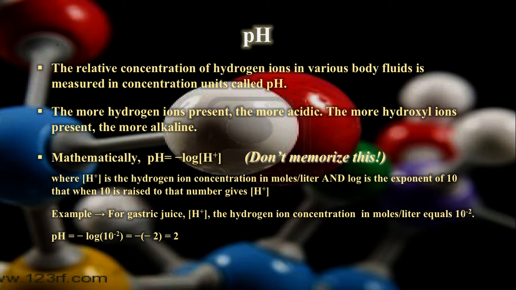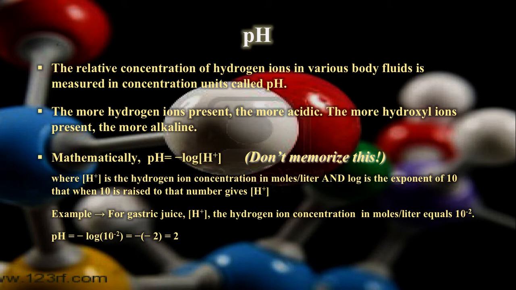Okay. Now, what I want you to notice from this, not that you have to ever solve this equation, is this. If you have a high hydrogen ion concentration, your pH ends up low. If you have a low hydrogen ion concentration, your pH ends up high. So pH and hydrogen ion concentration are opposites. Okay? So if you have not paid attention to any of that mathematical junk, here's what I want you to write down.